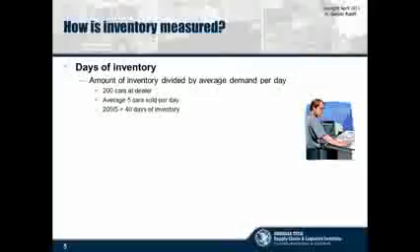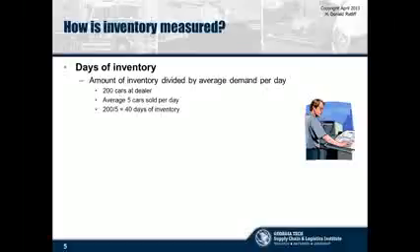If I have one day's supply, then I have one day of inventory. So if I had 200 cars at a car dealer, and the dealer sold an average of 5 cars per day, then I'd have 40 days of inventory. If no more inventory comes in, I'll have 40 days before I run out. Now, I may not have the right kind of cars, but I'll at least have cars.